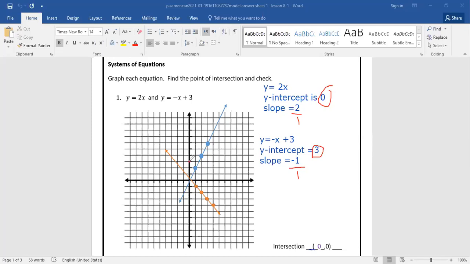Miss, I have a question. Yes, tell me. Miss, when do we go 1 to the left? No, never. We will never go to the left.